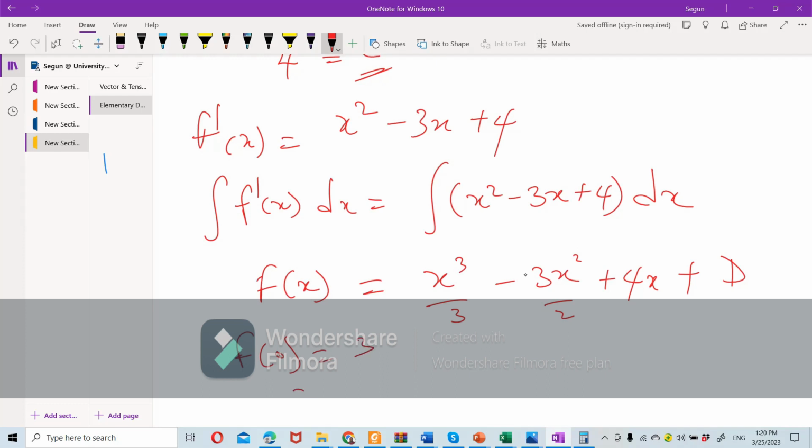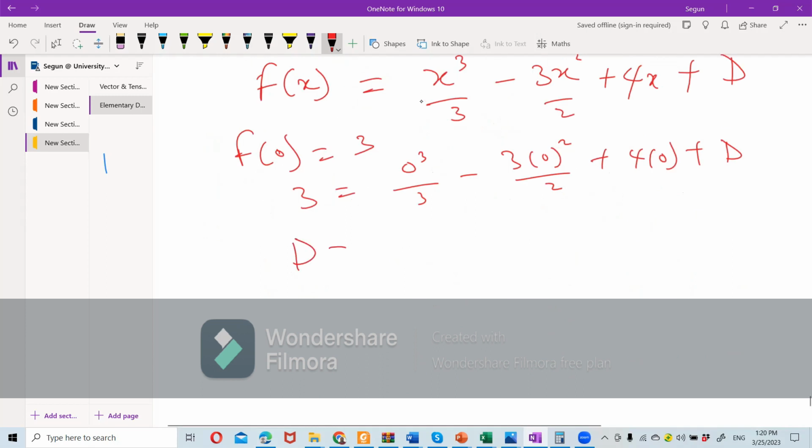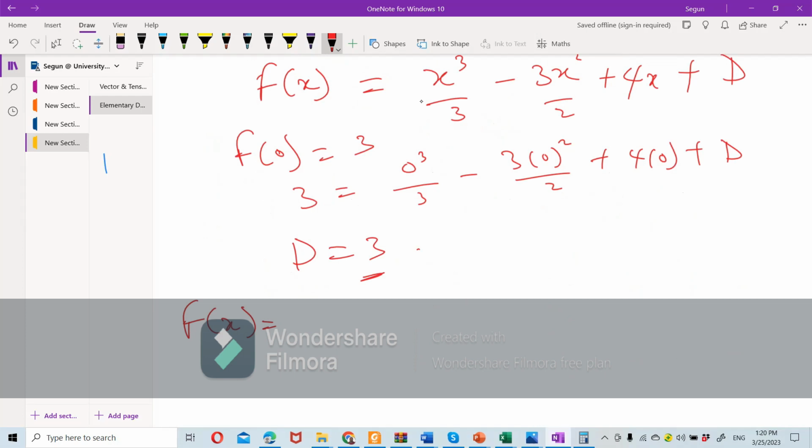It simply means 3 equals 0 cubed over 3 minus 3 of 0 squared over 2 plus 4 of 0 plus d. So it's simply d is equal to 3. Then our f of x equals what?